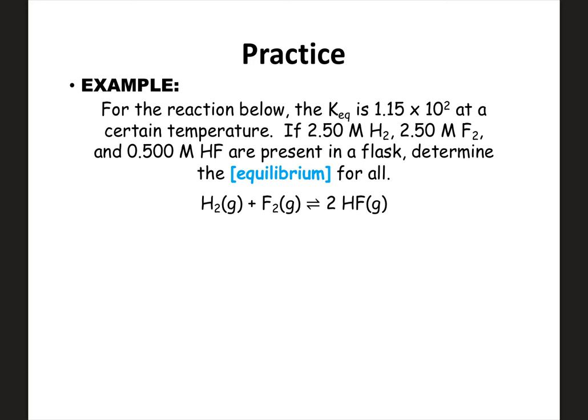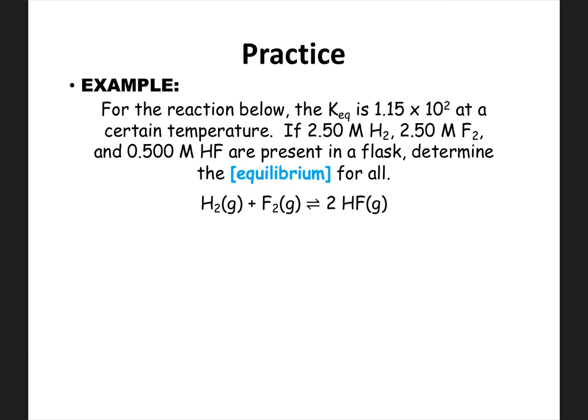But the problem here is that none of these substances initially are zero. If you notice, they gave me the concentration of the H2 initially, the concentration of the F2 initially, and the concentration of the HF. So I don't have any of the initial concentrations being zero. That means I have to do Q first in order to figure out which way the reaction is going to proceed in order to reach equilibrium here.